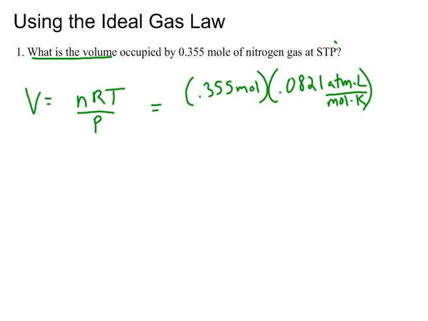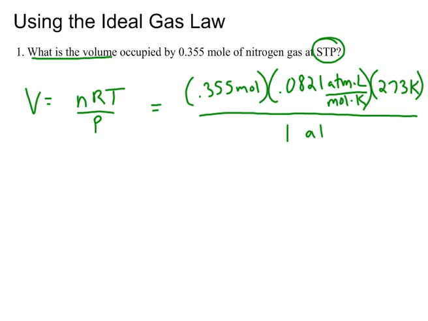Temperature is given to us in these 3 letters: standard temperature and pressure. Standard temperature in Kelvin, remember we want to be in Kelvin, is 273 Kelvin. Dividing by pressure, standard pressure in atmospheres is 1.000 atmospheres. So if we take a close look here, we'll see that moles cancel. We'll see that atmospheres cancel. And we will see that Kelvin cancels, leaving us with liters.